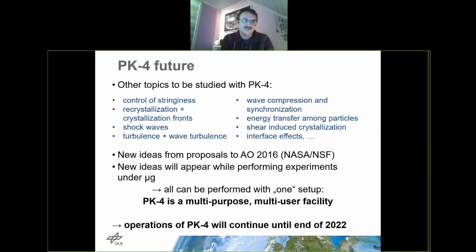This is in the lab on the ground, as well as under microgravity, the same. And what should be mentioned here, all can be performed with one setup. So PK-4 is a multi-purpose and multi-user facility. And in the moment, we have a guarantee to operate PK-4 until the end of 2022. Next slide, please.